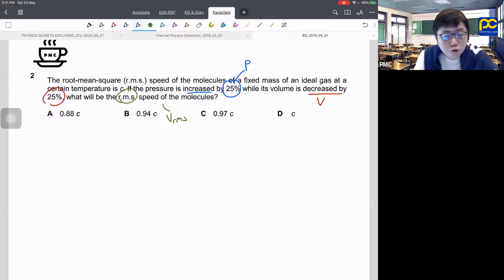So what equation will you use to solve this question? Think about it. Question 2.